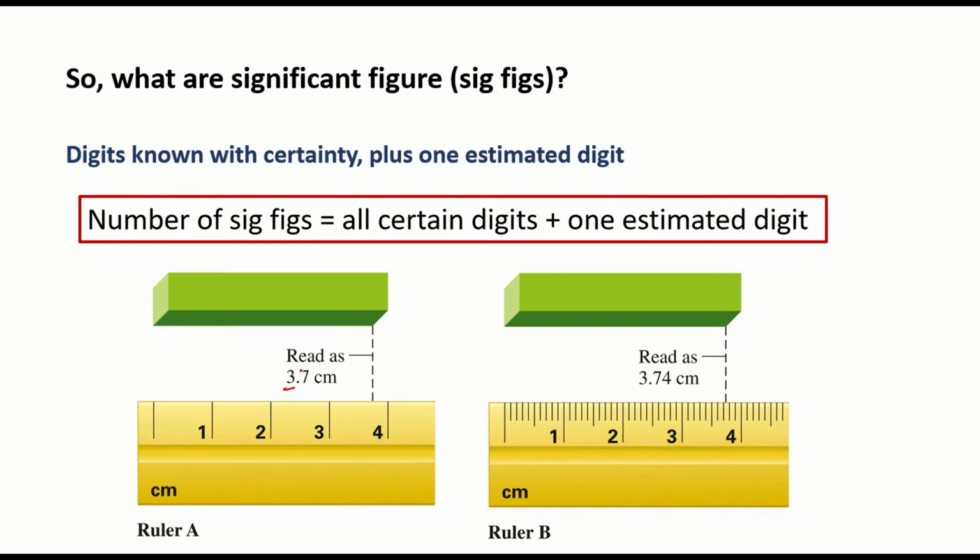And this is the estimated number. So this measurement has two significant figures. Then coming to ruler B, according to this measurement, 3 and 7 are known precisely. So those are the certain digits, and the estimated digit is the number 4. Significant figures include all the certain ones and the estimate. So this measurement has 3 significant figures.